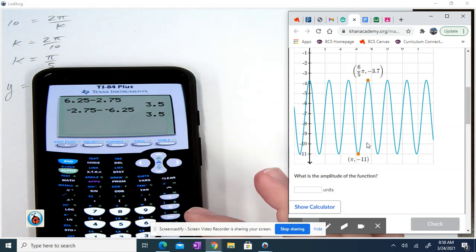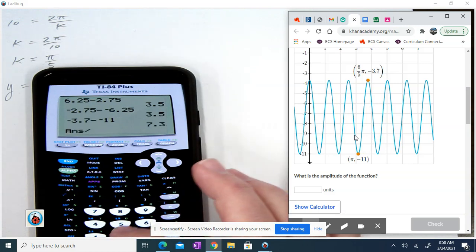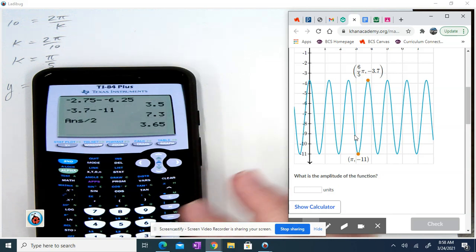But maybe to avoid confusion, I will just go ahead and use these numbers. So let me start with negative 3.7. Take away negative 11. So 7.3 is the distance from here to here, so it's half of that, which is 3.65.